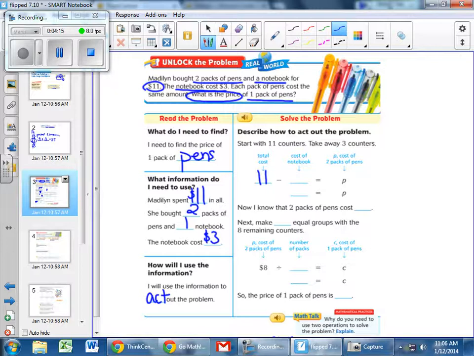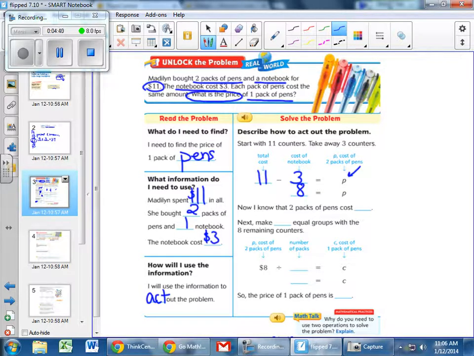And then you're going to subtract the cost of the notebook. Then we have the cost of the pins, which they're using the variable p. Remember that you can use any symbol there. And 11 minus 3 is 8. So you have 8 equals that mysterious variable there.